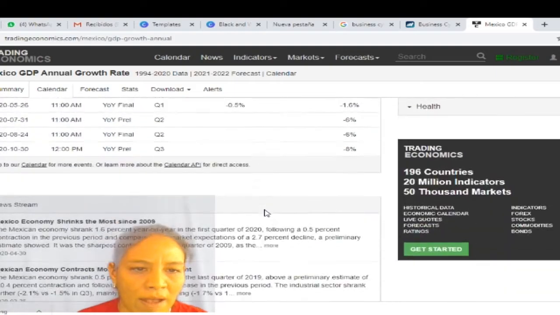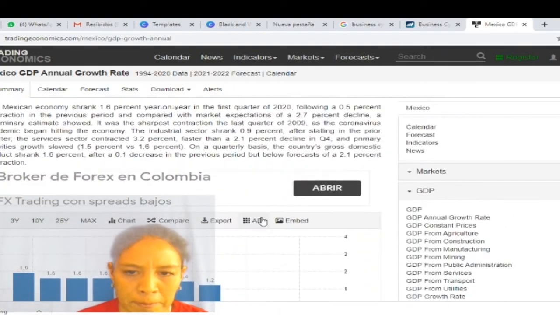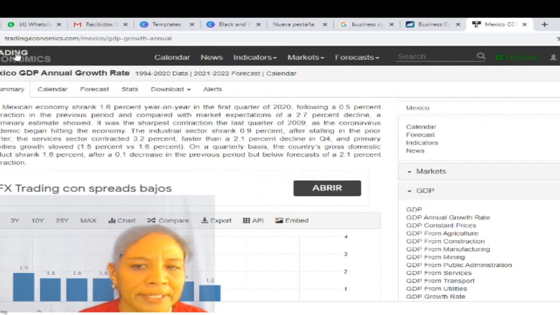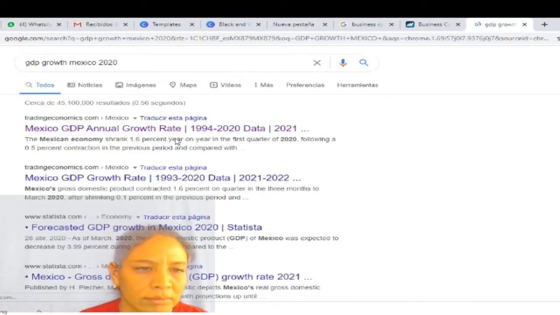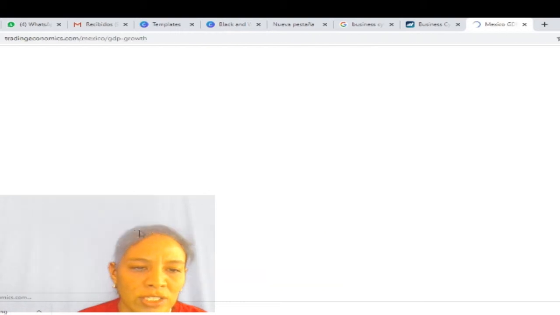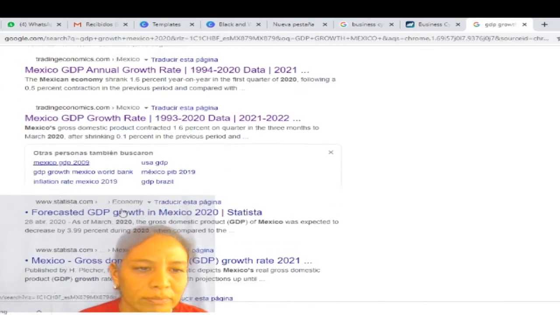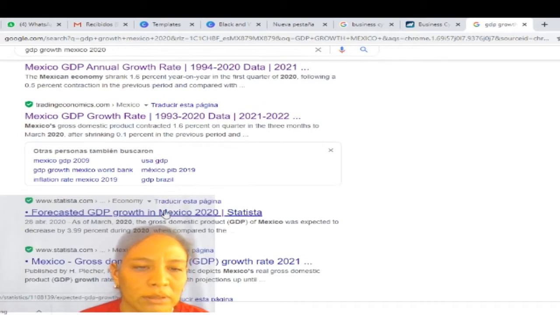No, I want a graph. This is the GDP per capita. Let's see, let's find it. How it's our fluctuations. Oh, this is the same one. That's a forecasted.